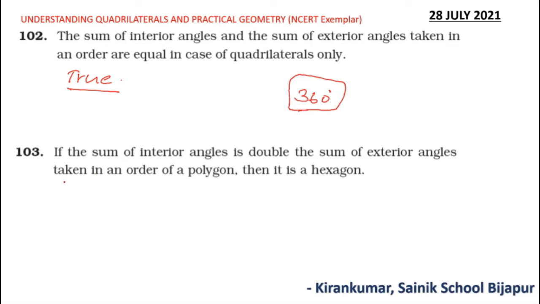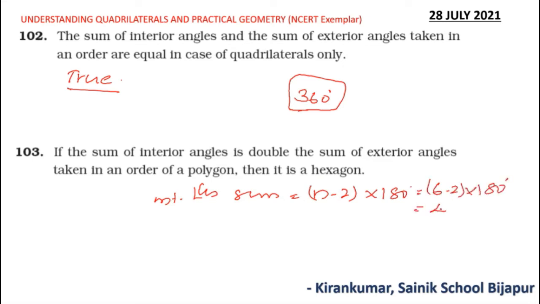Question 103. If the sum of interior angles is double sum of exterior angles taken in order of a polygon, then it is a hexagon. When we look at hexagon, it has got 6 sides. Its interior angles sum will be n minus 2 times 180 degree, which is 6 minus 2 times 180 degree.